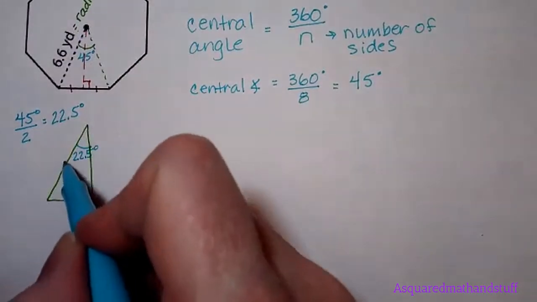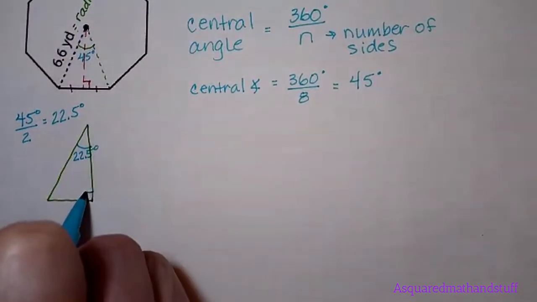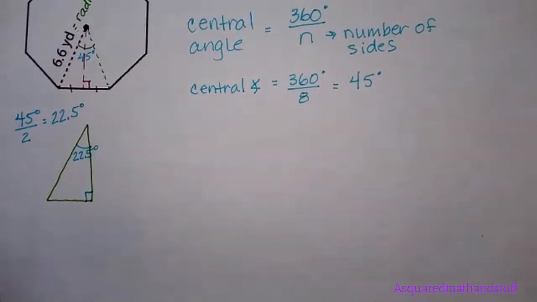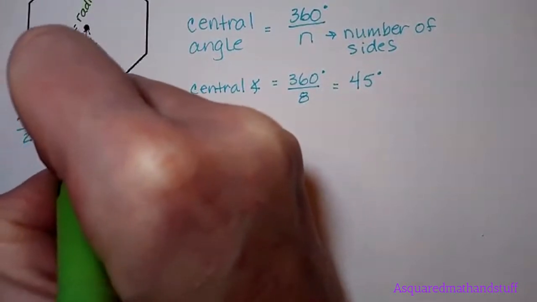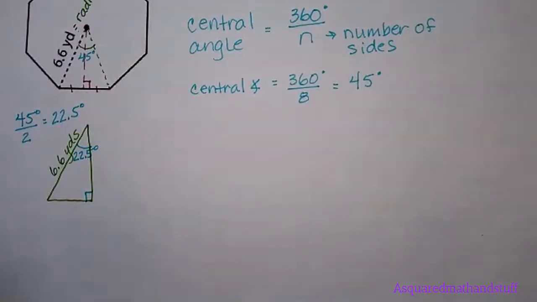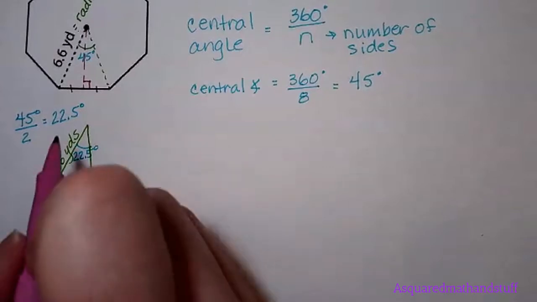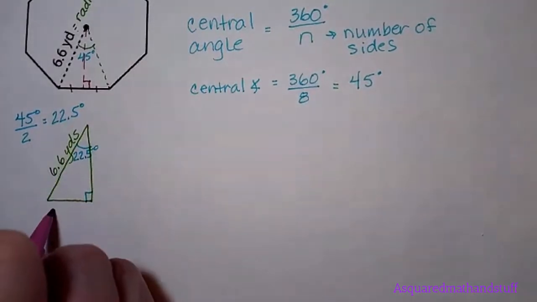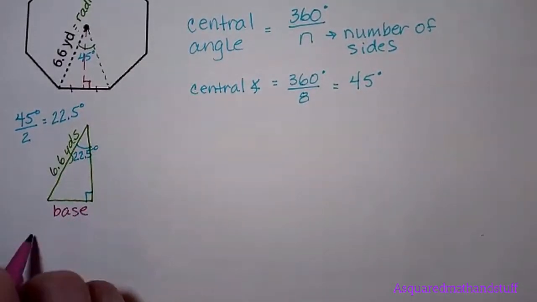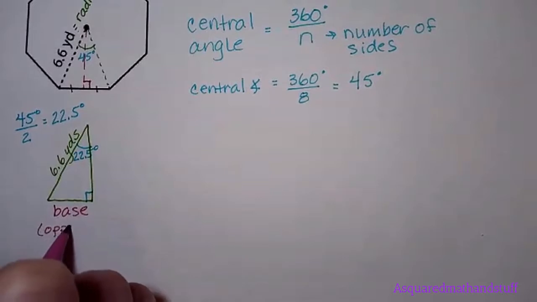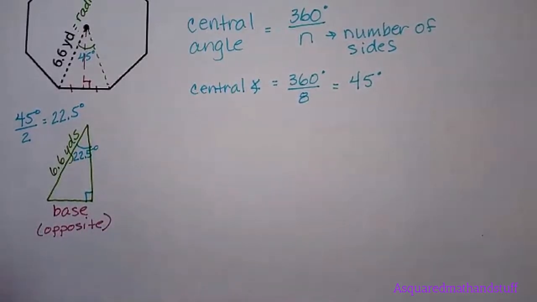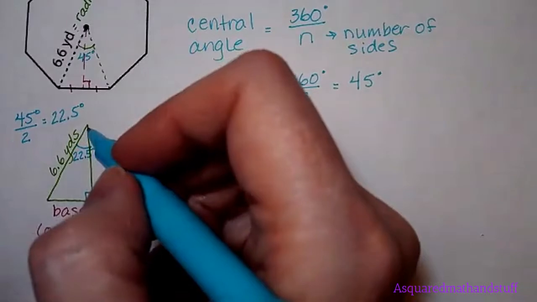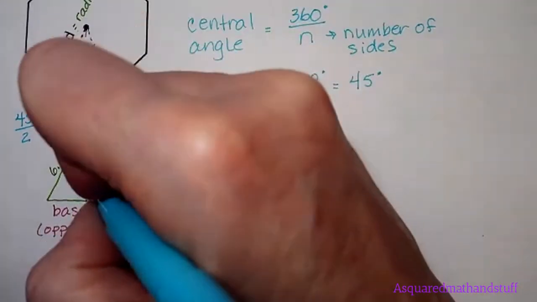This radius is now the hypotenuse of this right triangle, so our hypotenuse is still 6.6 yards. The side opposite of our given angle is our base. This is our opposite side. And the side that's adjacent to our given angle is our height.